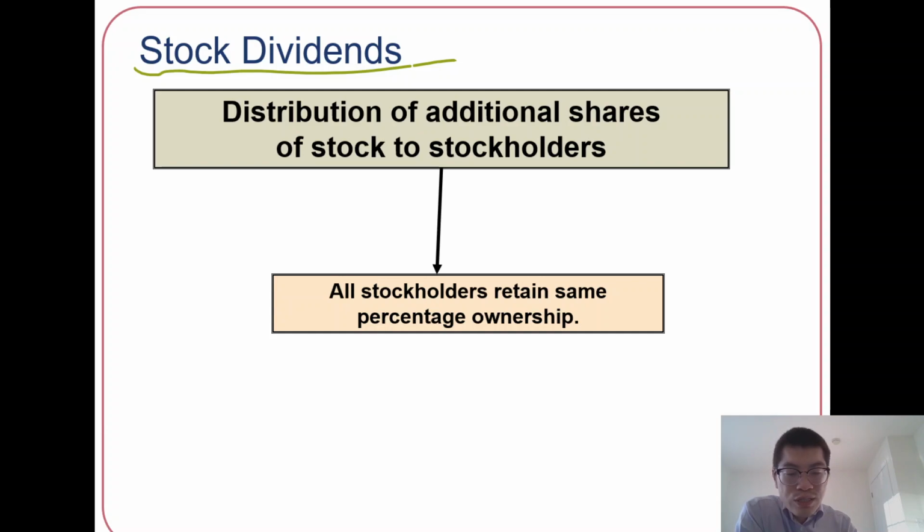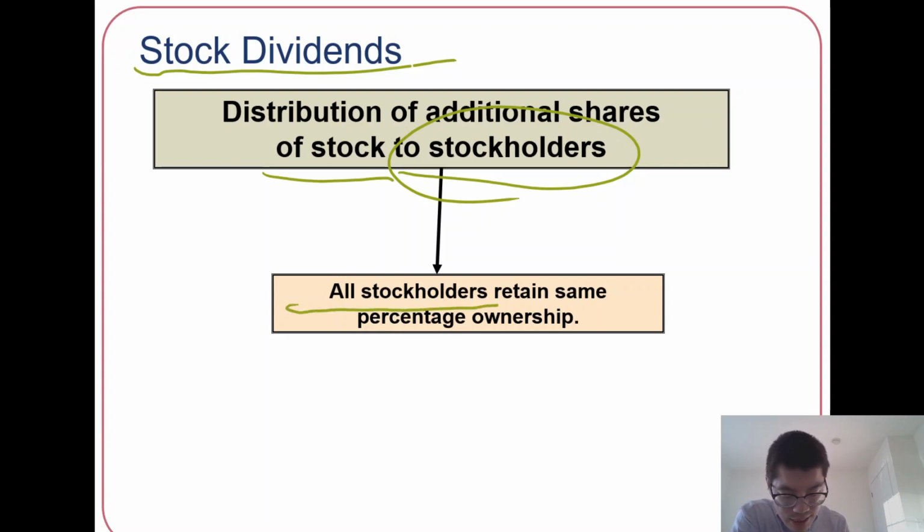So a better way to return benefits to our common stockholders is that we issue some additional shares of stock to stockholders. You are not going to receive cash as dividends, but you're going to receive additional shares of common stock of the company as the dividends. So all common stockholders retain the same percentage ownership.